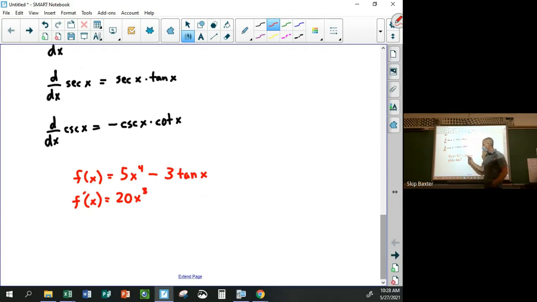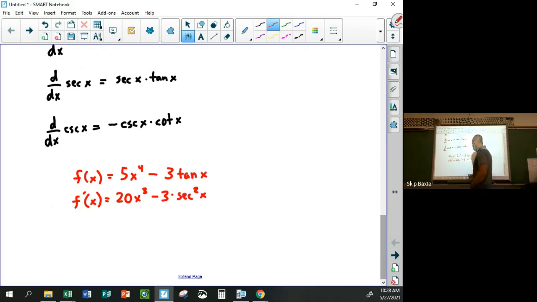Now the derivative of tangent x is secant squared x. The minus 3 in front is just a constant multiple, so you take minus 3 times secant squared x. That's the derivative.